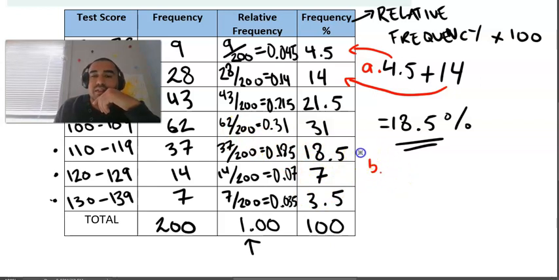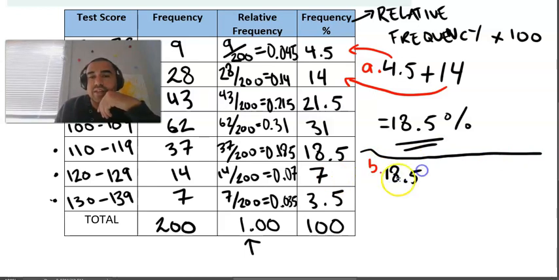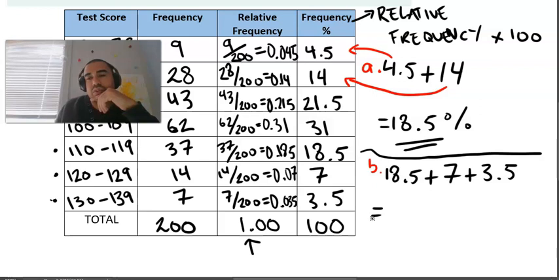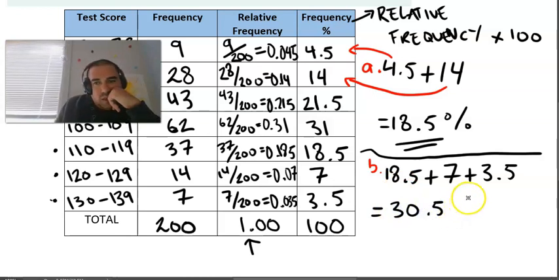So B is going to be, let's put it on here, 18.5 plus 7 plus the 3.5. 18.5 plus 3.5 would be 19, 21, 22, 23, and 23.5 plus 7 is 30. Okay, and that is a percentage.